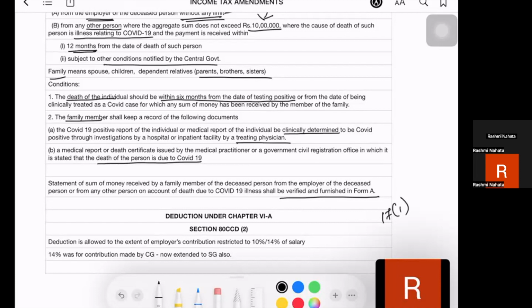So deduction is allowed to the extent of 10 or 14%. 10% is for others and 14% was for central government employees. Now, this is also extended to state government employees. This is a small amendment here.